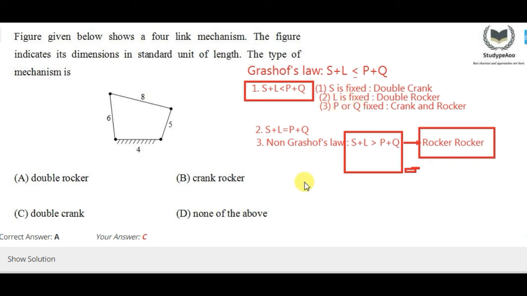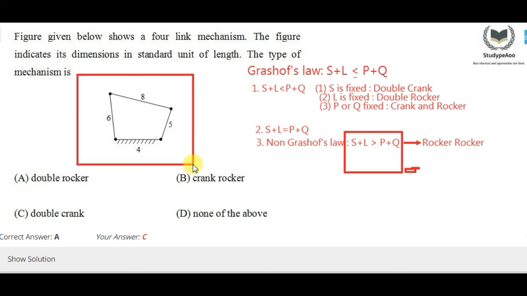Now we will move on to the question. Here in this question you have to check what type of mechanism this is. Let us first find the smallest link. Here 4 is the smallest link and 8 is the largest link. Now we add these two and get 12.